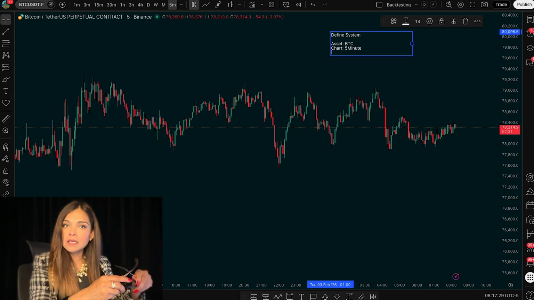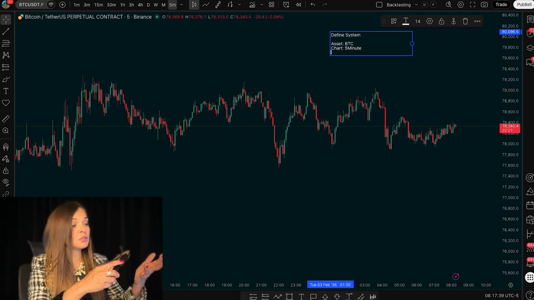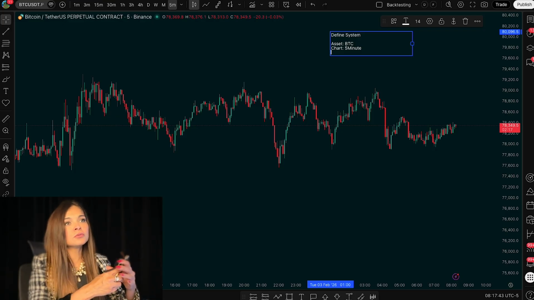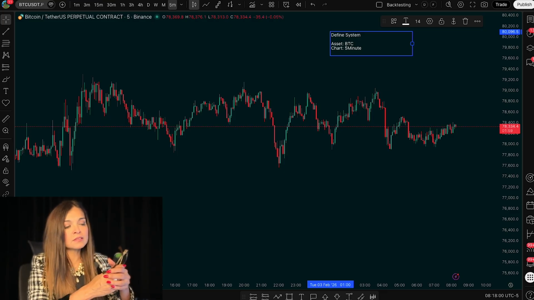Now we get into the timing, and timing is important. Why? Because crypto trades 24/7, but you don't trade 24/7. Maybe you have a family, maybe you need to sleep, maybe you need to do other things. So you should choose a time frame for which you will trade. For the purposes of this backtesting system, we're going to do the London and New York session, let's say 3 a.m. New York to about 6 p.m. New York.